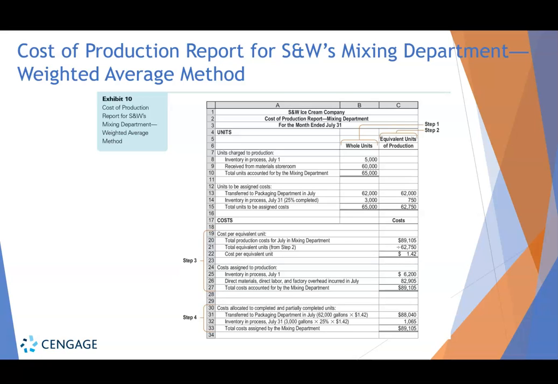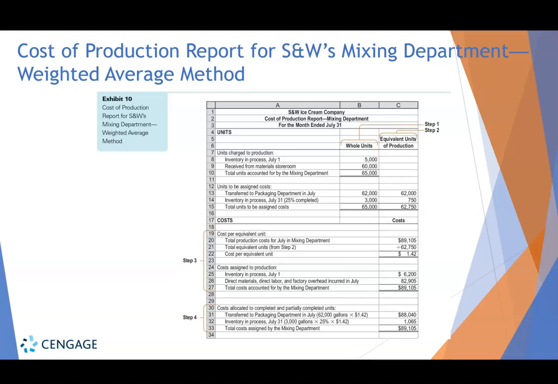The cost of production report using this weighted average method, you see we've got our whole units, we've got the units to be assigned, and we've got our equivalent units of production that are showing at the end of the period, when you see that inventory in process on July 31st at 25% complete.